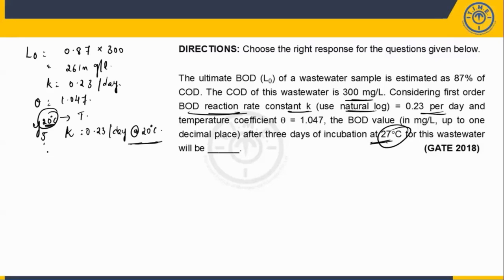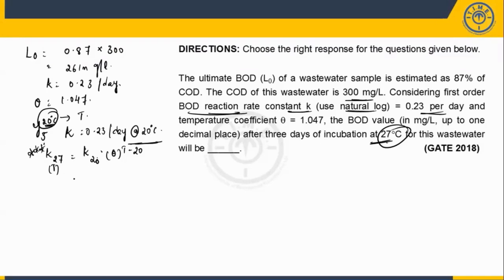So we need to find the K value at 27. We have a formula: K at any required temperature, KT equal to K20 into theta power T minus 20.